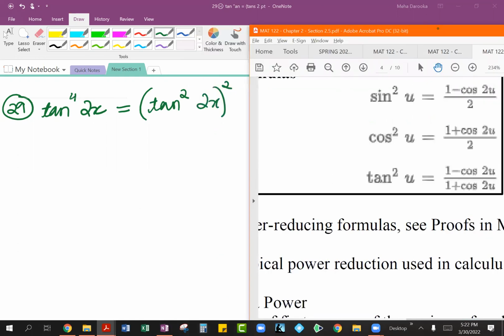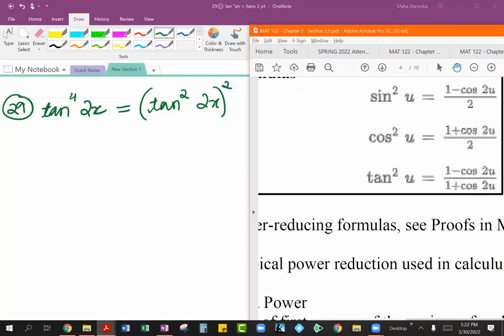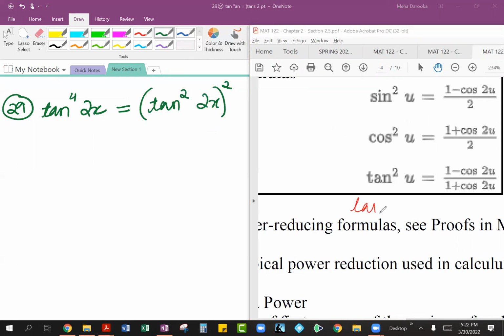So using the formula, we should have 1 minus cosine of 2u and 1 plus cosine of 2u over here. Okay, so you are given tangent squared of 2x in the problem. So when we translate this over here, you will actually end up with 1 minus cosine.